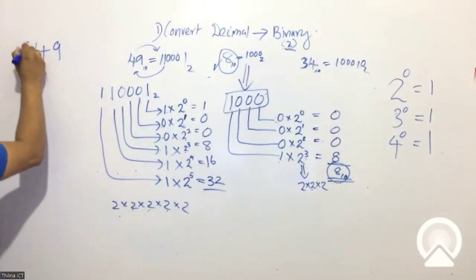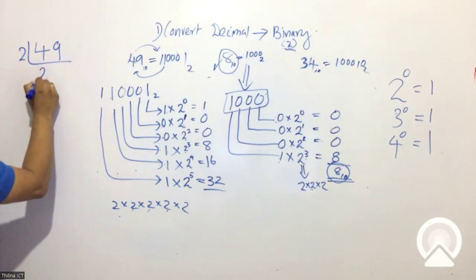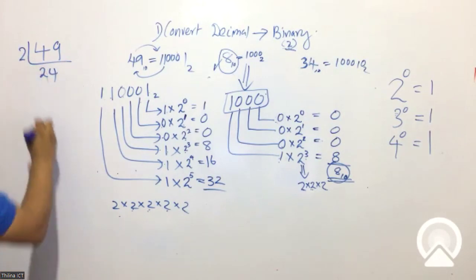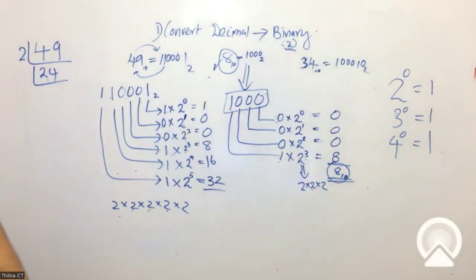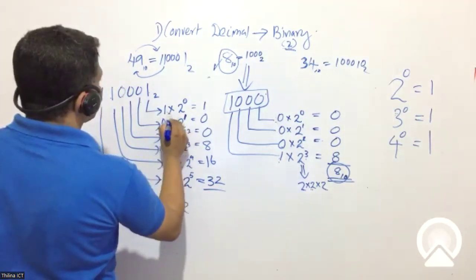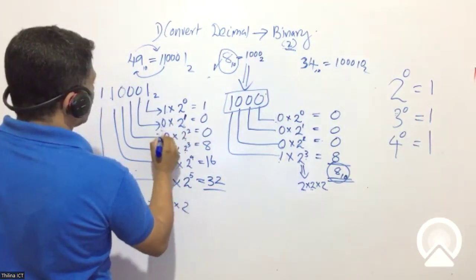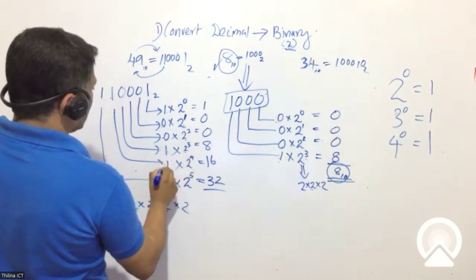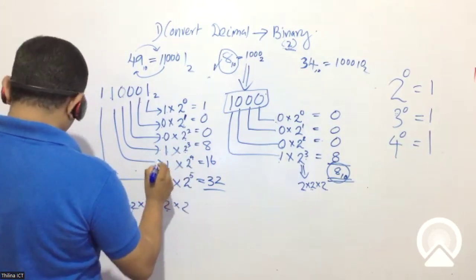Let's convert this properly. 49 divided by 2, 24. 1, 1, 0, 0, 0, 1.